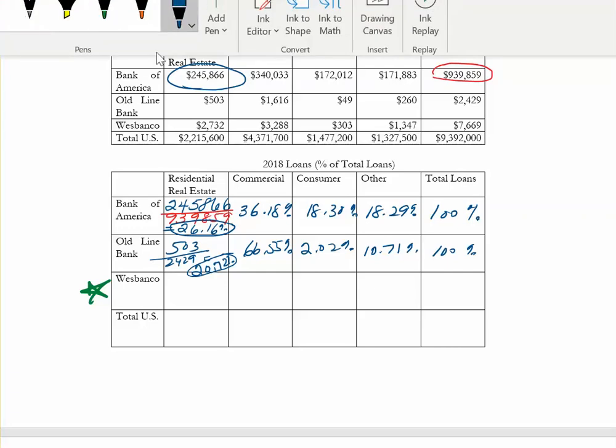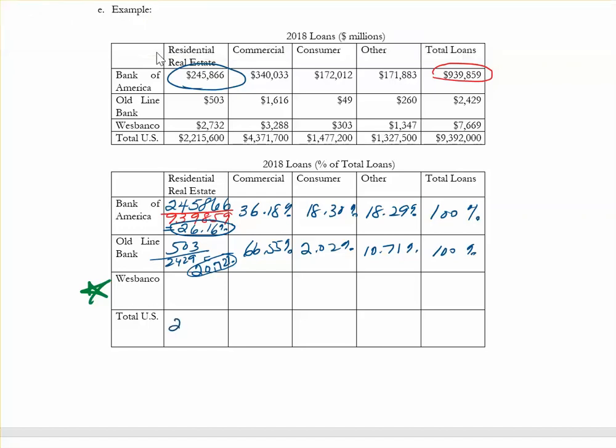Let's do the total US. We're going to divide 2.2 trillion by 9.392 trillion. And let me just give you the final numbers there, because these numbers are starting to get pretty big. 23.59%, 46.55%.